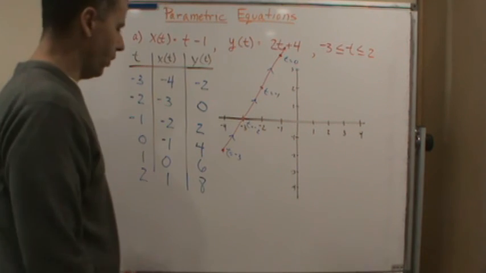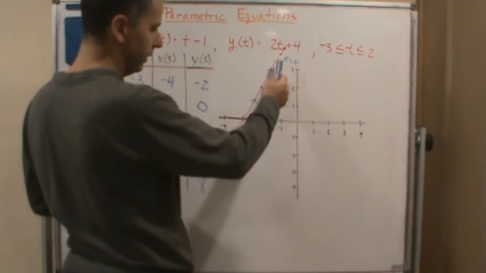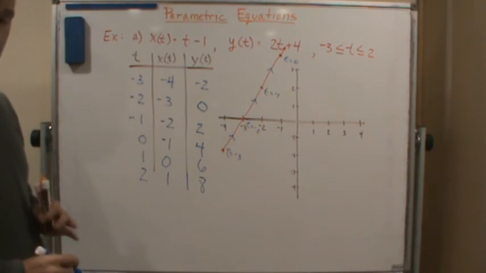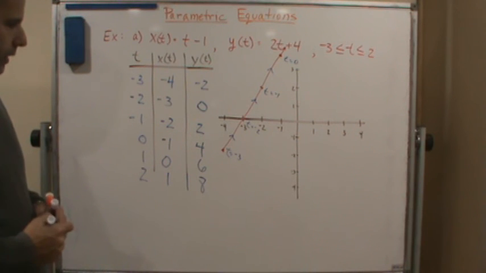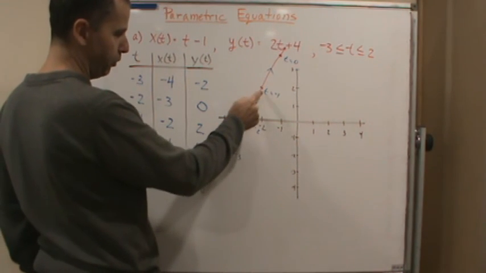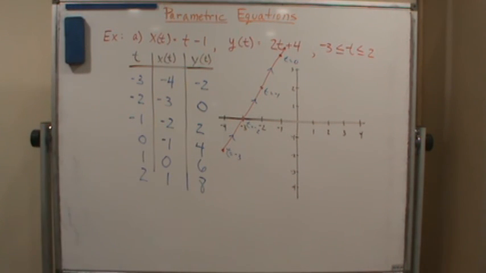Okay, so this tells us how the point is moving on the graph. Okay, so at t equals 3, the point is here. At t equals 2, the point is here, and so on. Okay, so we put the arrows to tell us how the point is moving as the parameter, in this case t, is changing.